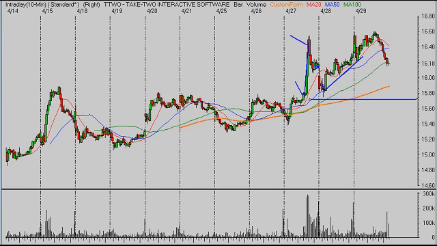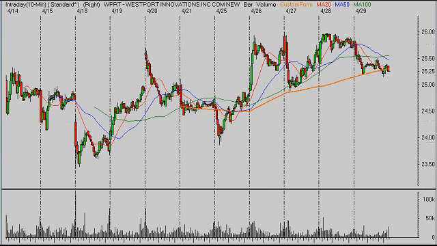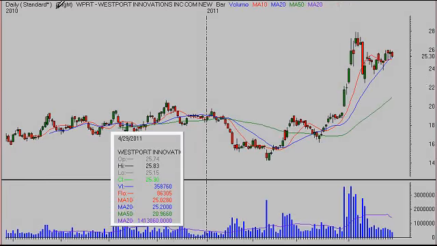What other stocks did we talk about on Wednesday? We spoke about WPRT, and by the way, Josh Brown, Downtown Trader, I'll retweet it later, but he did a nice piece on Yahoo, talking about the fundamental story for companies like Westport, and he did a really good job, I think.